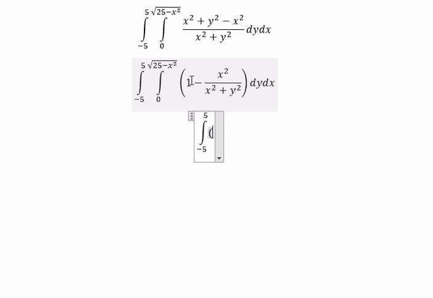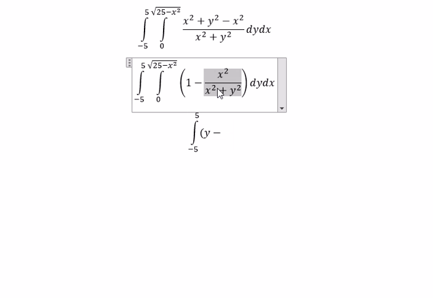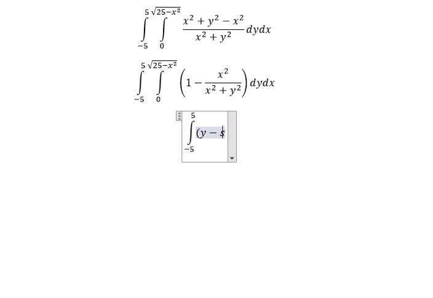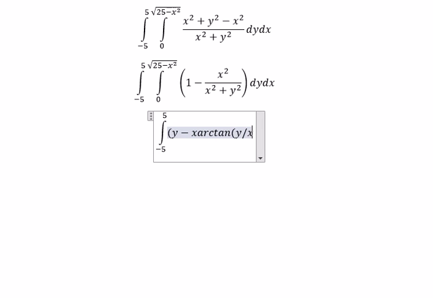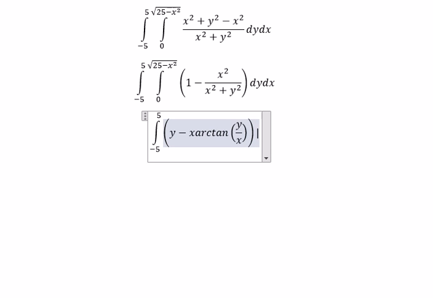The integral of number 1 dy gives y. The integral of this one gives s multiplied by r times y over s, and we have the powers in here.